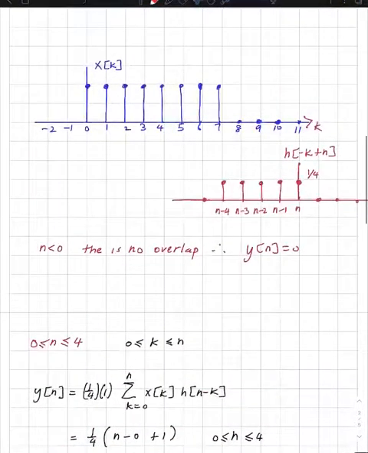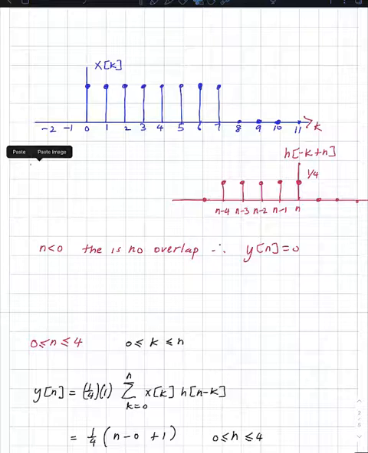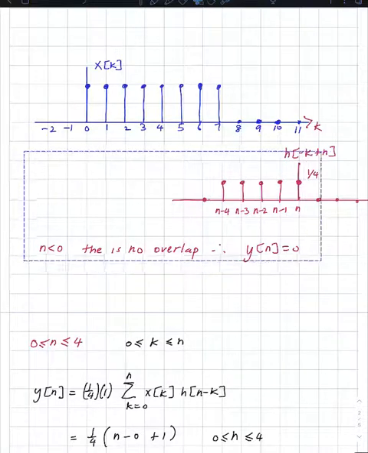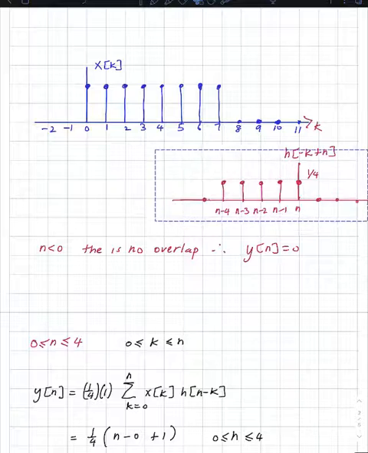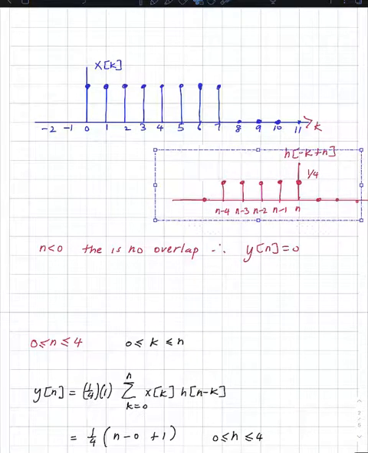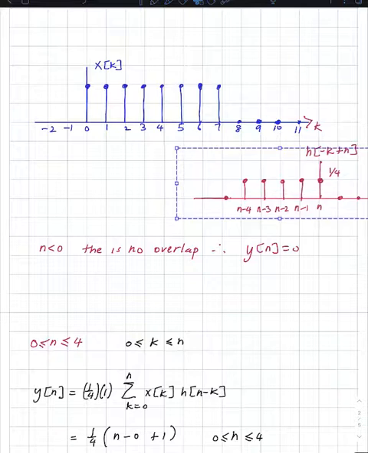If you continue to slide n beyond 11, there's no more overlap, you see.